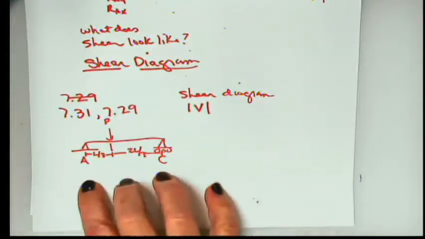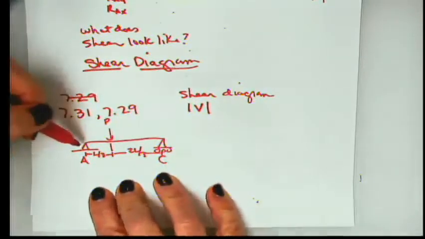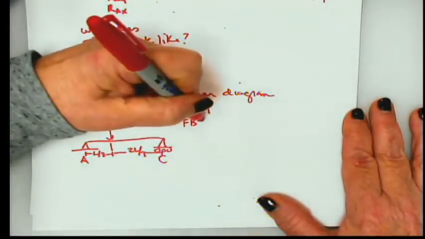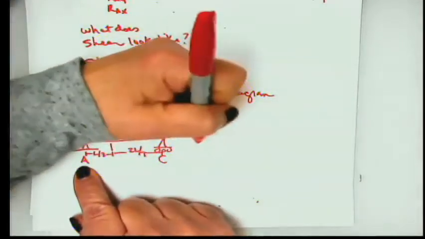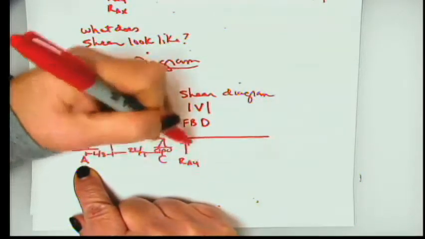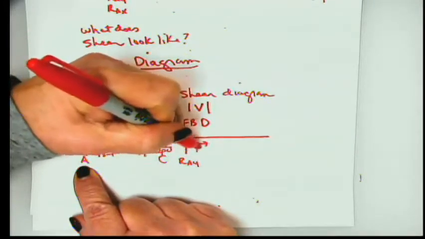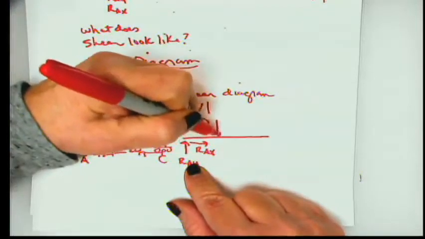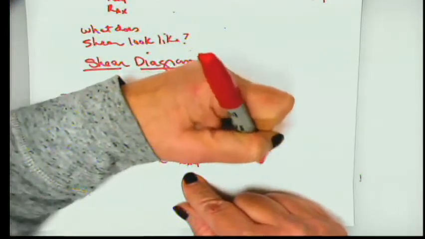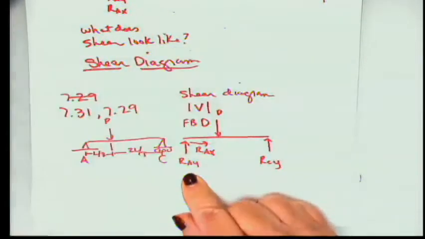All right, so let's go ahead and draw a free body diagram. A is a fixed support, meaning that it will bear both an RAY and an RAX. And then we have load P, and over here at C, we have RCY.